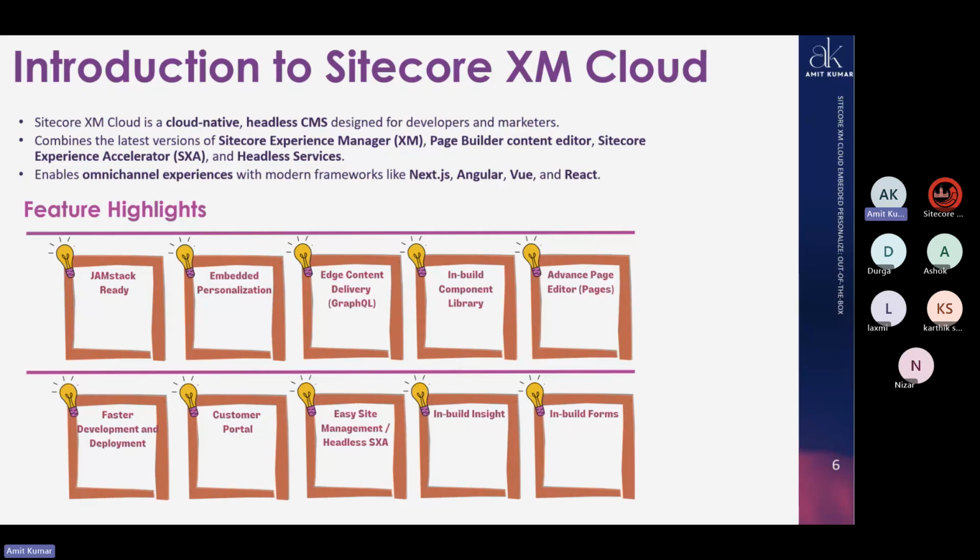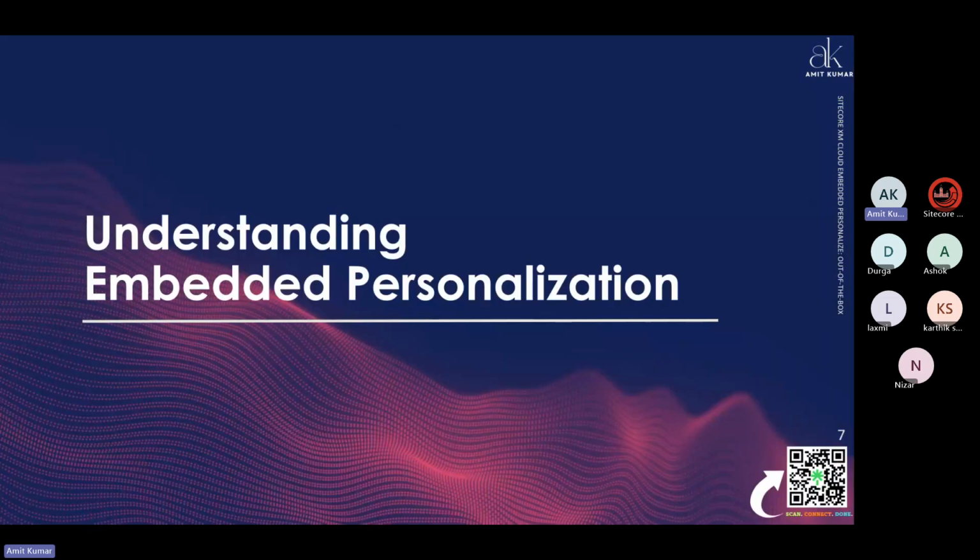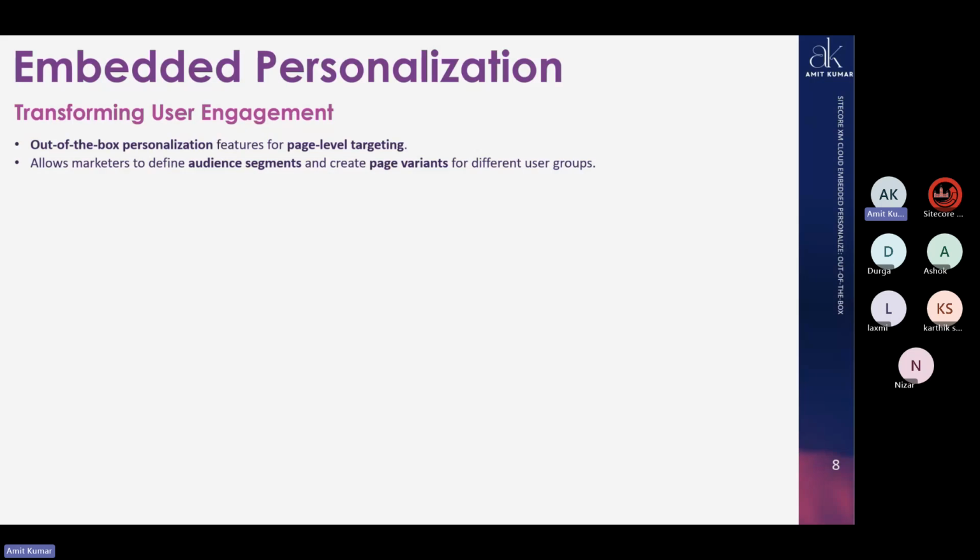No. Okay, thank you. So now moving to the embedded personalization. Embedded personalization means that it comes out of the box with Sitecore XM Cloud when you are buying the Sitecore XM Cloud license or subscription. So you do not need to buy any separate license or different subscription model to use the embedded personalization.